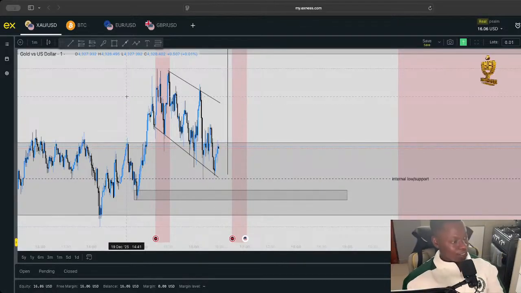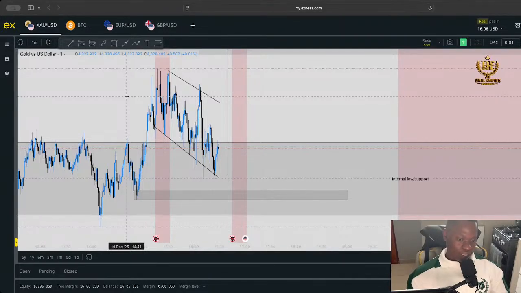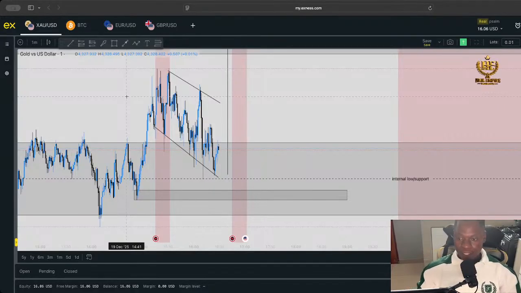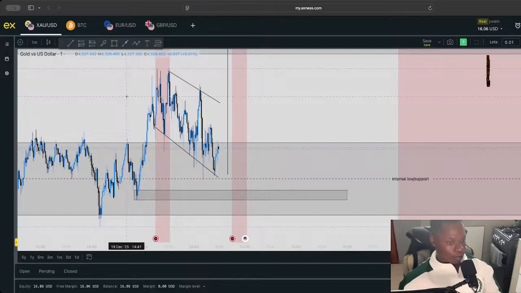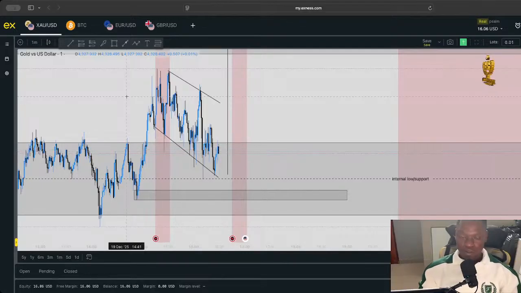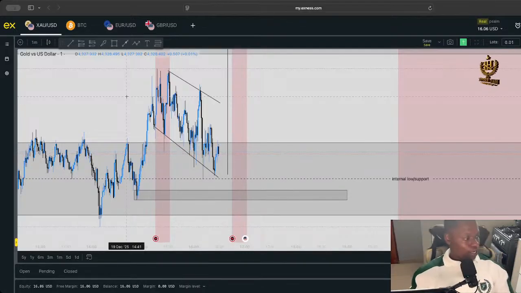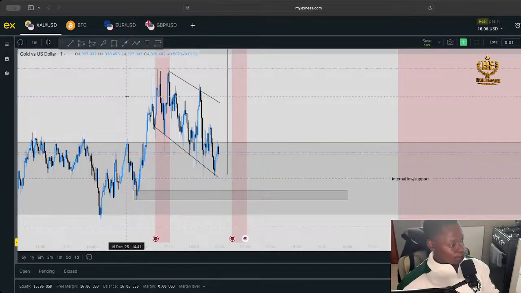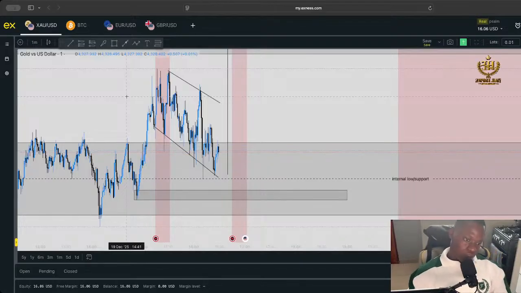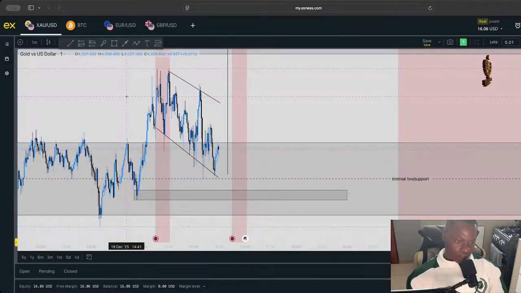But you can see why I said these levels are very crucial. Price reacts when it comes to those levels. So you just need to understand what you are doing and how price reacts to that certain thing that you are doing.